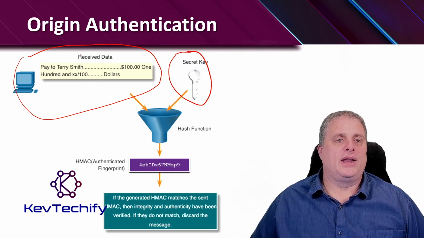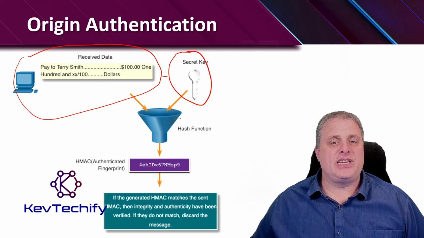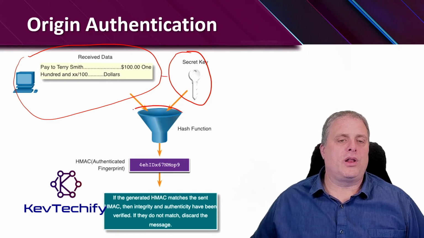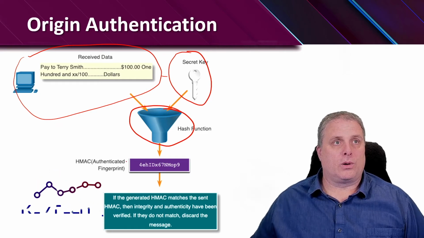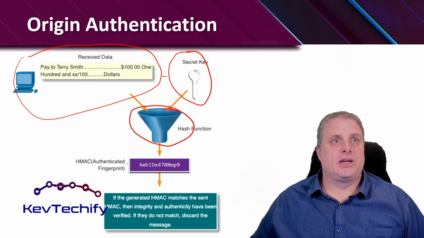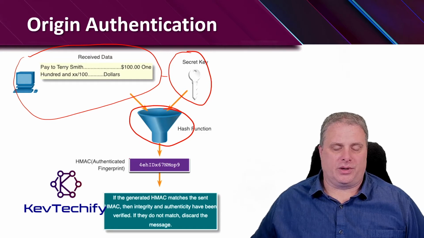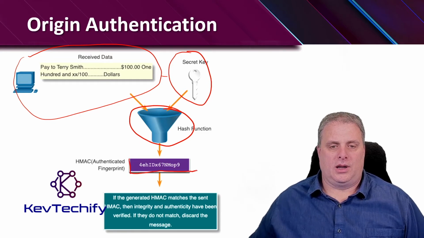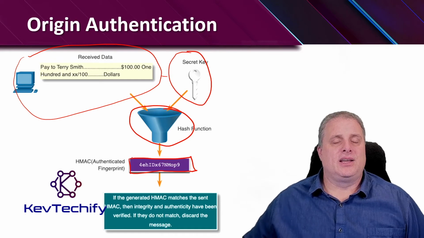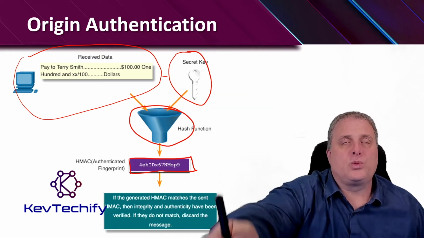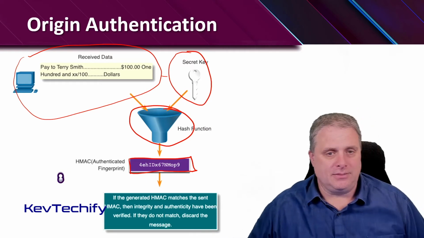We will combine the data and our secret key together. We're going to run it through our hash function and come up with our hash message authentication code. We're going to come up with a number. Then we send the message, we send the hash with it to its destination.